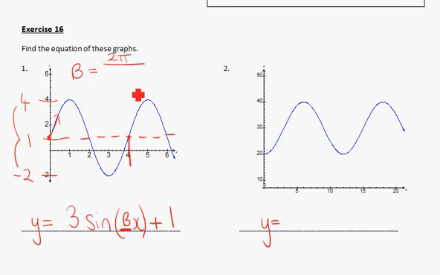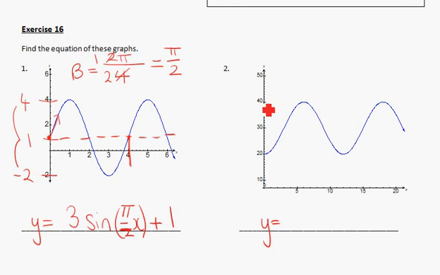So the new period is clearly 4. Doing some simplifying, 2's into that go 1, 2's into that go twice, is the same as pi over 2. So coming back to my formula now, and erasing the b, we can see that the number in front needs to be pi over 2, and that will ensure that I get a period of 4.